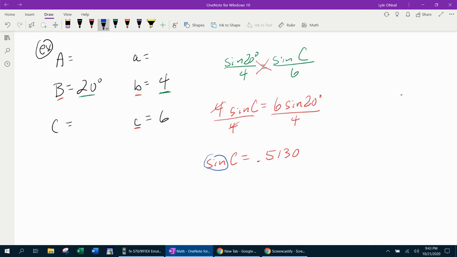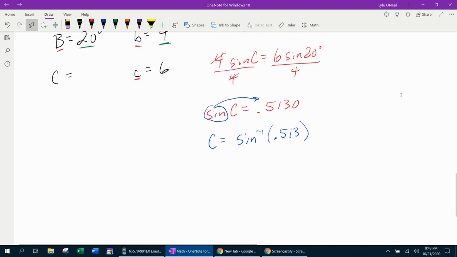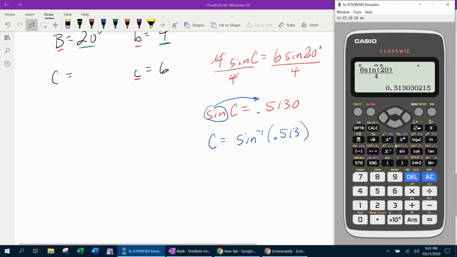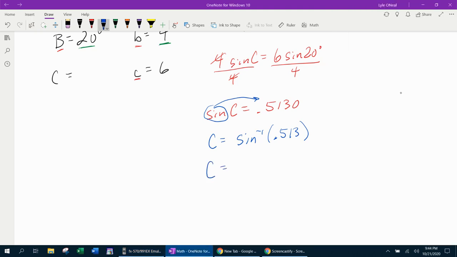And then to solve for angle C, we're going to bring the sine over. That's going to turn that into inverse sine of 0.513. The 0 there is optional if I want to write it. And again, to the calculator, we're going to do the inverse sine of the previous answer. Now, this needs to be rounded to the nearest tenth, 30.9. 30.9 degrees, okay?